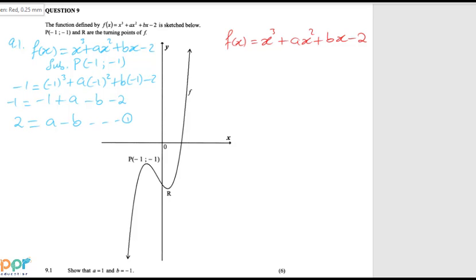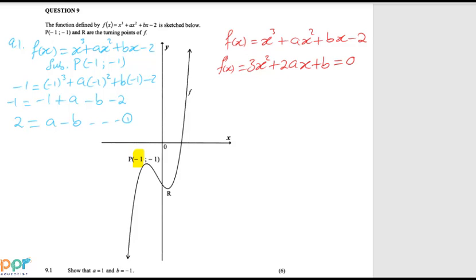Now let me do that. I'll find the first derivative of f with respect to x. It's 3x squared plus 2ax plus b, and I set all of this equal to 0. I know that the x coordinate is where the gradient equals 0, and that x coordinate is minus 1.